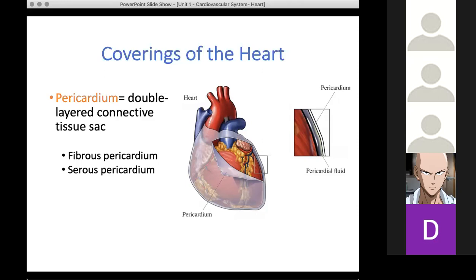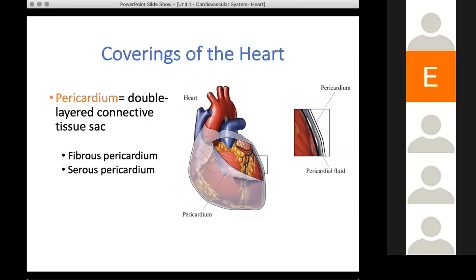And the visceral layer is the inner layer. This layer is also known as the epicardium. It actually touches the heart wall, and because it's on the heart, it forms what is really the outer layer of the heart.